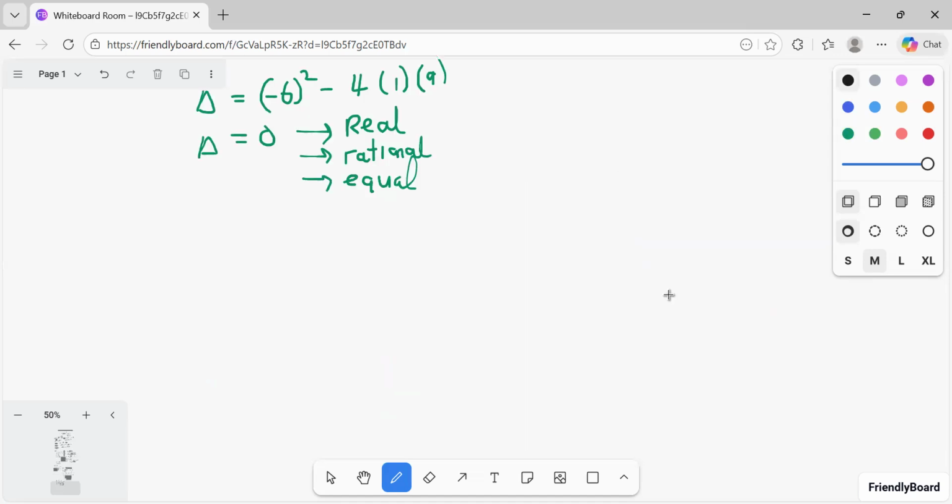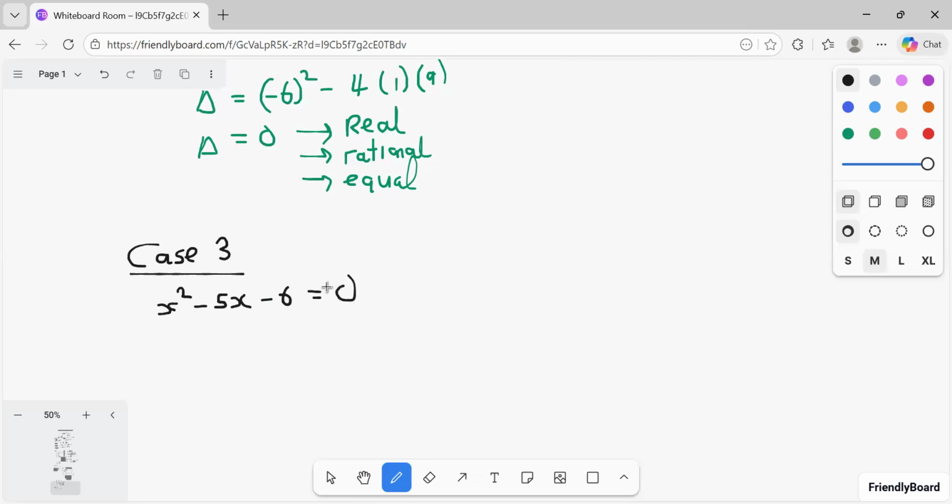All right, let's go to case number 3. Case number 3 is x squared minus 5x minus 6 is equal to 0.